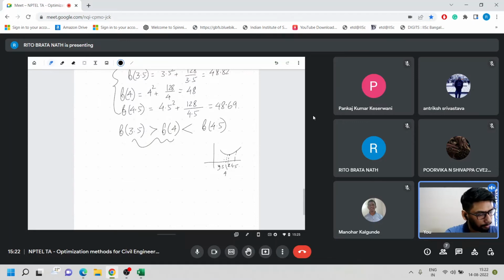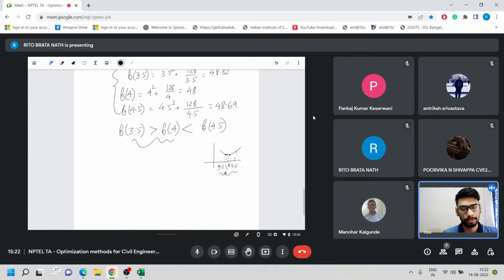You can say for certain that the minima will occur somewhere between 3.5 and 4.5, but you don't know whether this minima has already occurred before 4 or after 4. So you need to understand that.